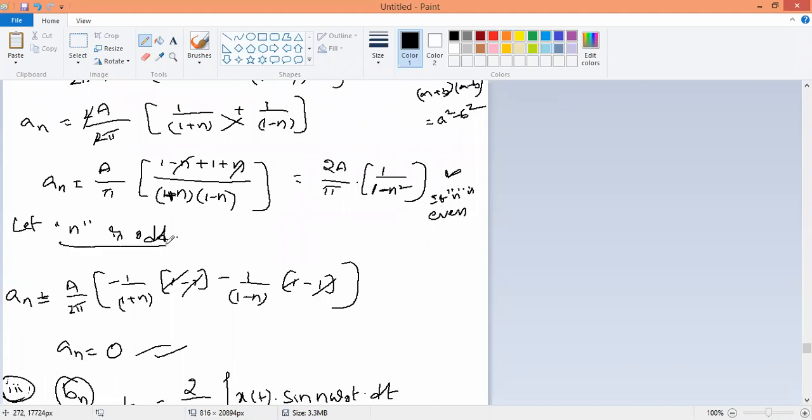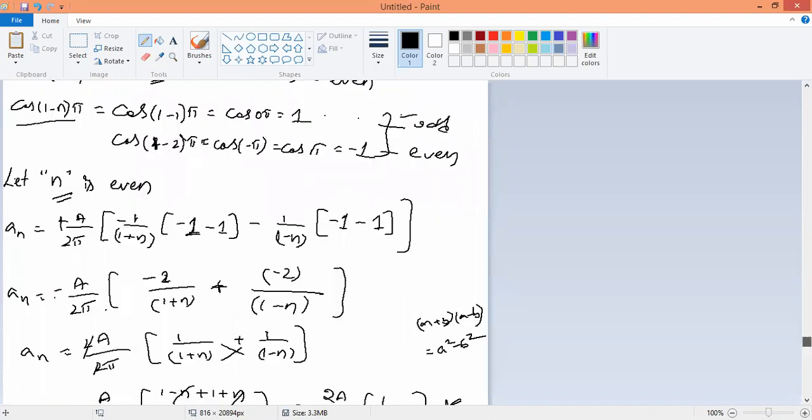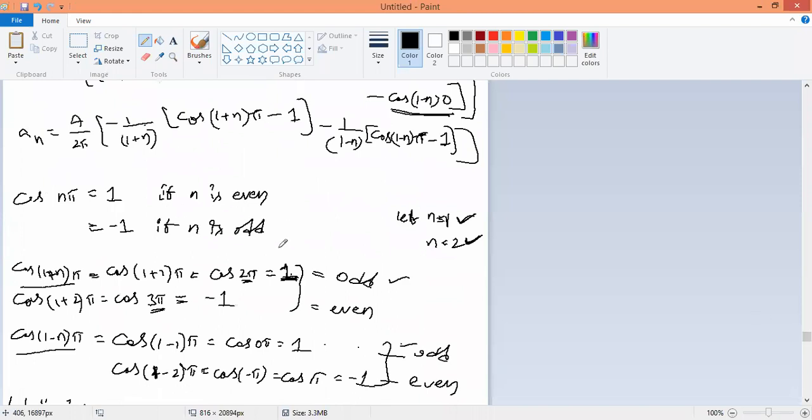Next, let n is odd. An equals a by 2 pi into minus 1 by (1 plus n). So if n is odd, what is the cos of (1 plus n) pi? 1. Already we derived here. If n is odd, cos of (1 plus n) pi value is 1. If n is odd, cos of (1 minus n) pi value is 1.